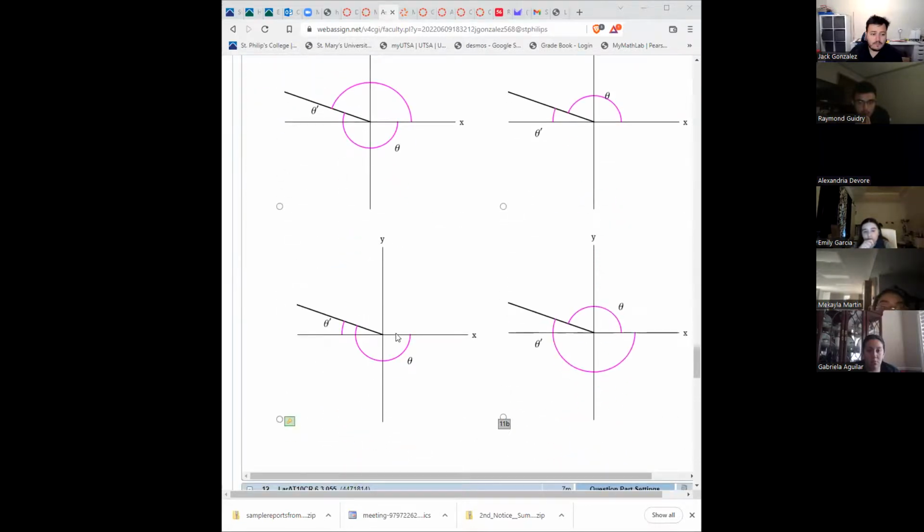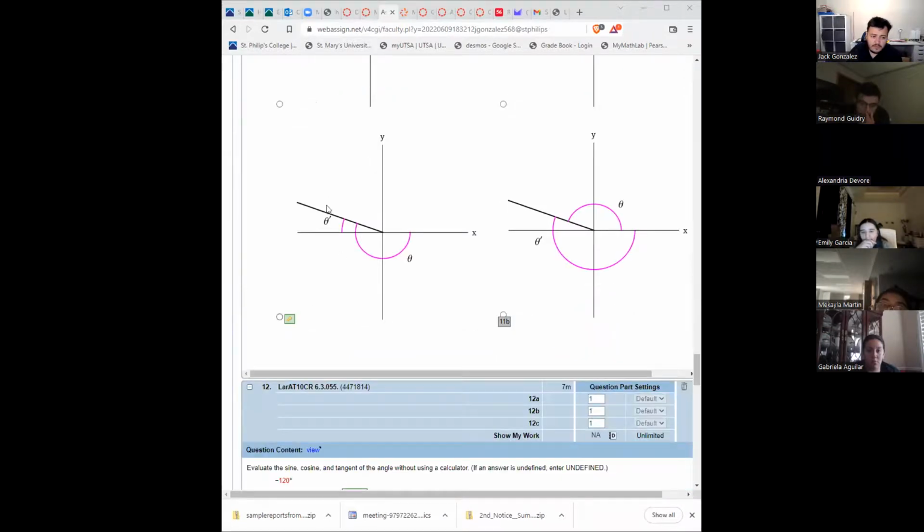And visually, we know it's over here. You see how they're figuring out this picture, right? They're going in the negative direction. They're landing there. So this is the same as 160, we said, right?